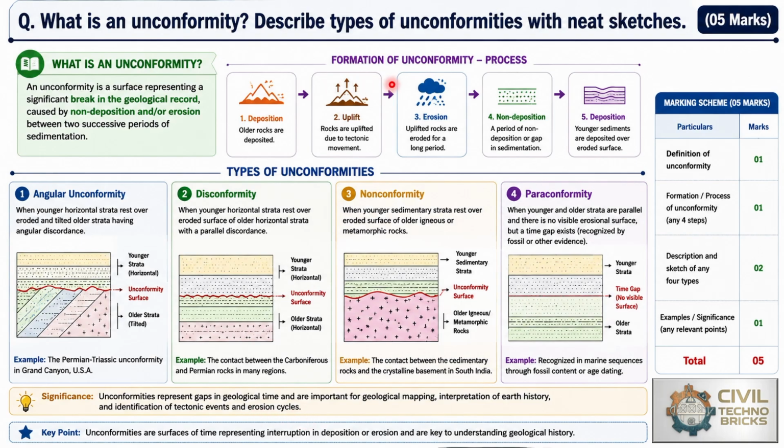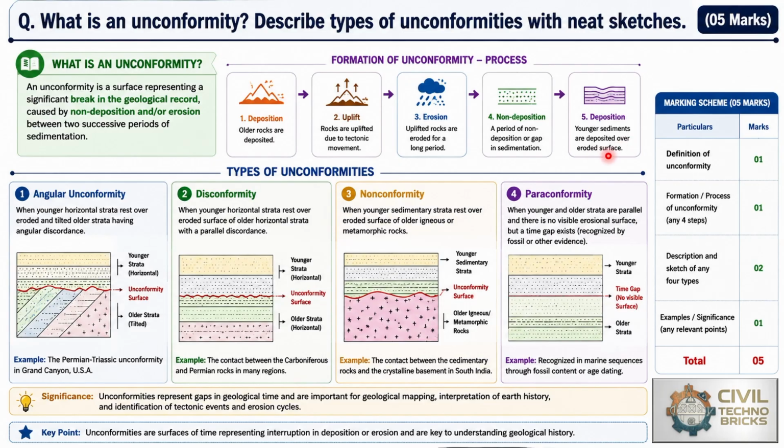So the formation of unconformity is a step-by-step process: deposition of older rocks, then upliftment of rocks due to tectonic movement, then erosion due to environmental activities such as rainfall, then non-deposition, where a period of non-deposition or a gap in sedimentation is followed by deposition of younger sediments over the eroded surface.